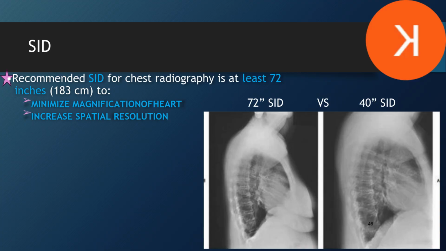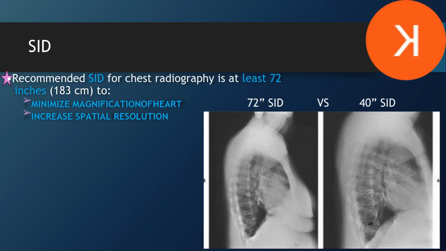All right, for source to image receptor distance, the recommended distance for chest radiography is at least 72 inches or 183 centimeters. Why we do this is to minimize magnification of the heart and increase spatial resolution.